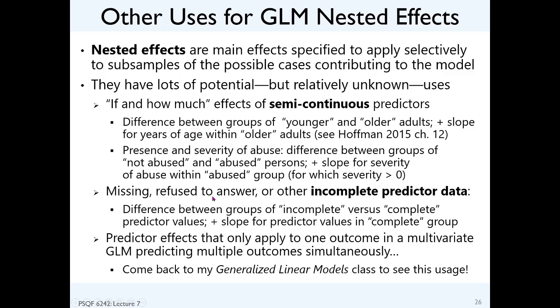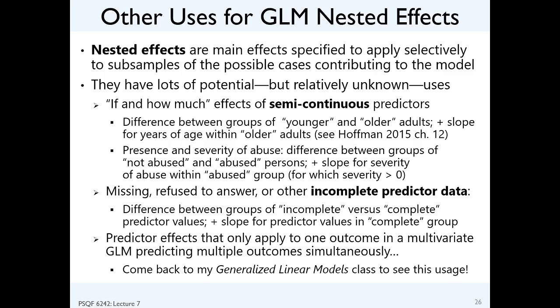As another example, missing data or otherwise some sort of complete data. So if you have a question that some people didn't answer, the fact that they didn't answer it may actually be informative for predicting their outcome. So you might include whether or not someone gave an answer to a question as a predictor, and then if they answered it, what was their answer?